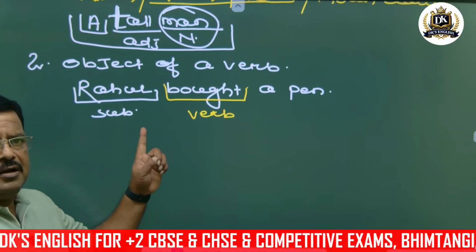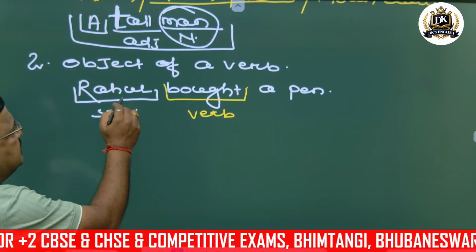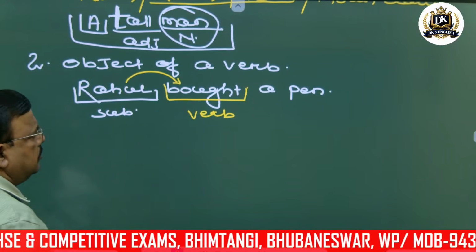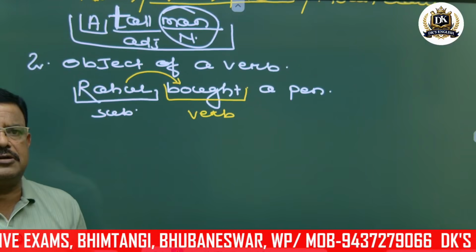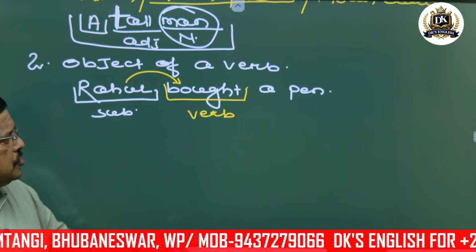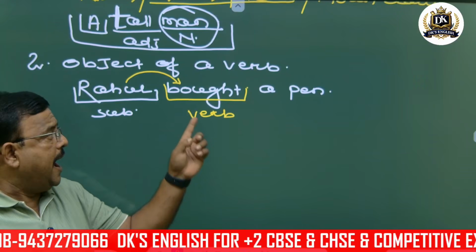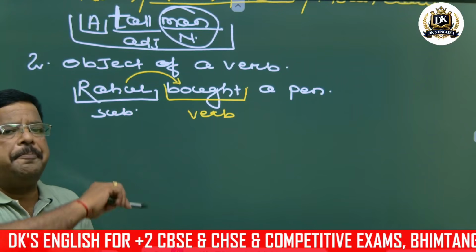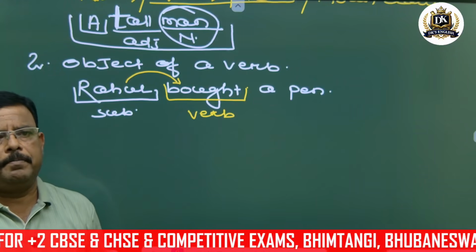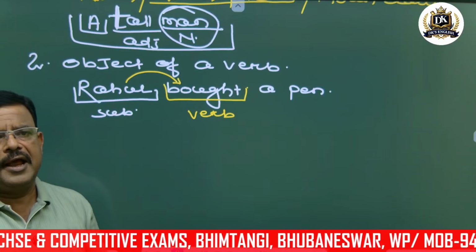So mark here, Rahul is the subject and this is the action of Rahul. Rahul's action is bought. What Rahul did, that action is bought. And this action, its effect is on a pen.